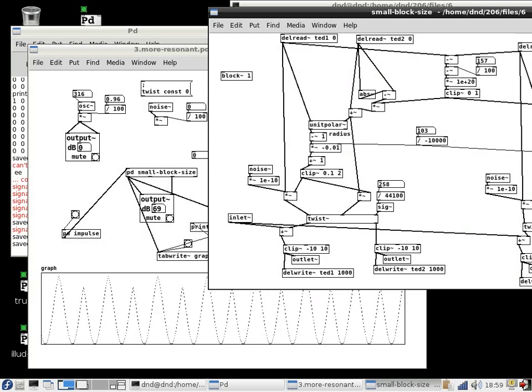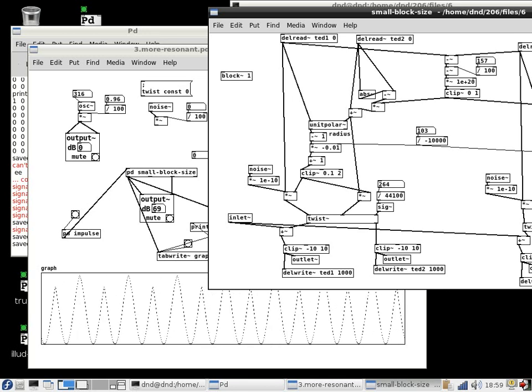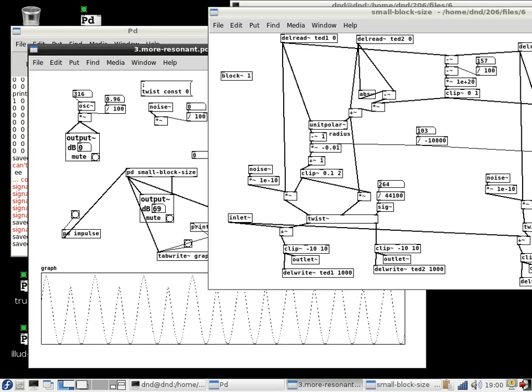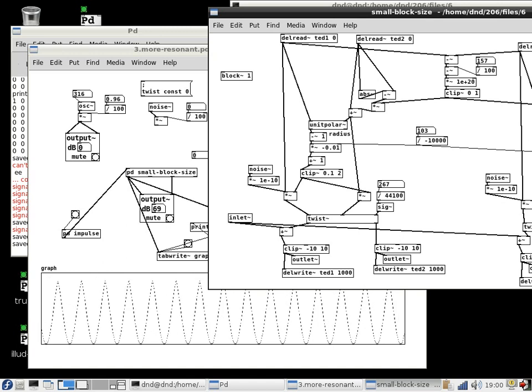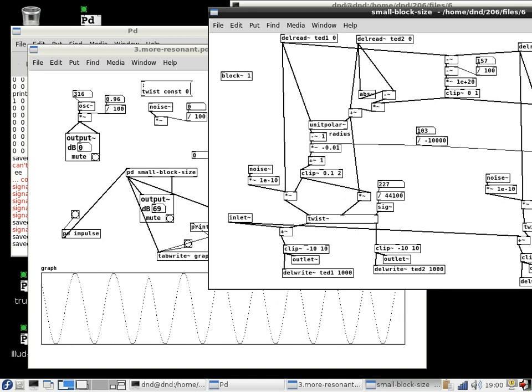Oh dear. Ooh, okay, so there it's doubled its period by doing something, but now I could probably get back to 264 a different way, and now it's not doing that. So yeah, I don't know.